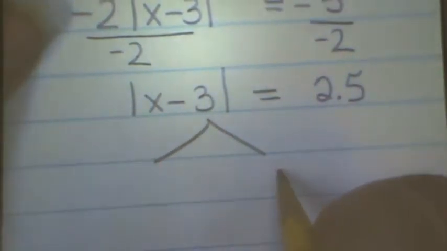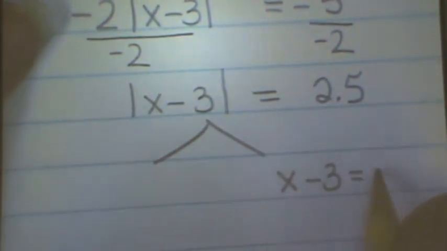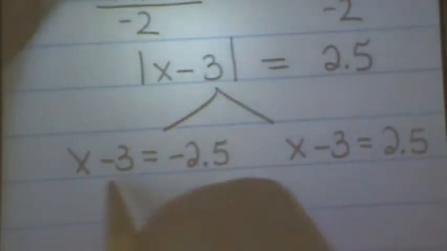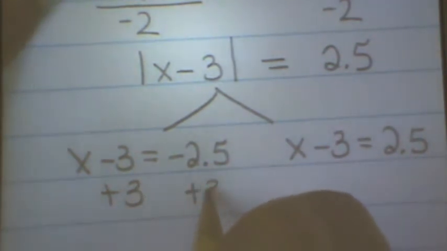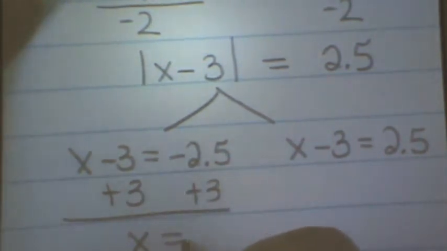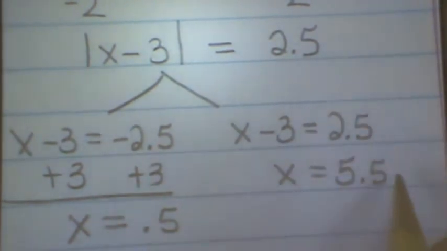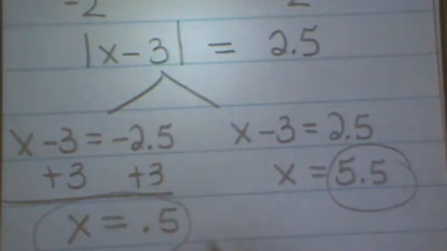Now, when you get your absolute value by itself, you're going to break this up into two problems. x minus 3 equals 2.5, and x minus 3 equals negative 2.5. Solve both of these. If you add 3, x is 0.5, and add 3, 5.5. So in this question, these are the two x-intercepts.